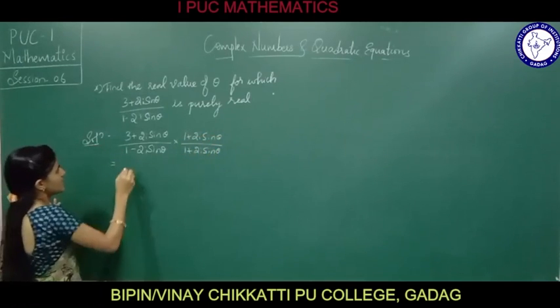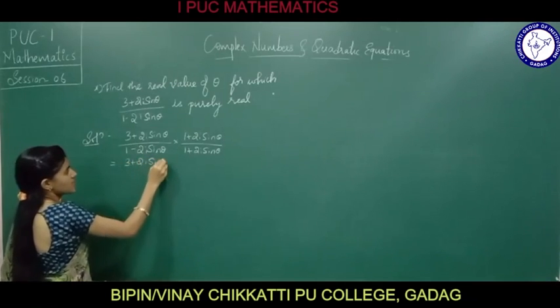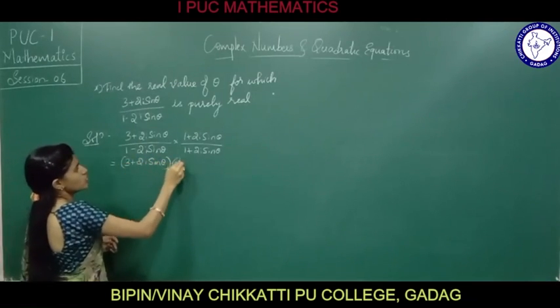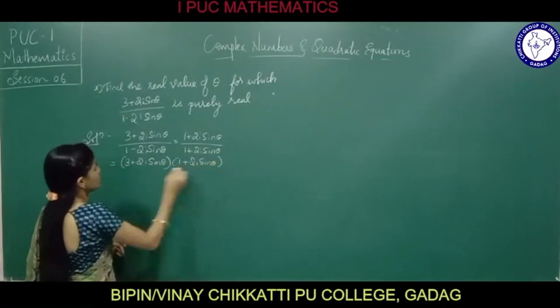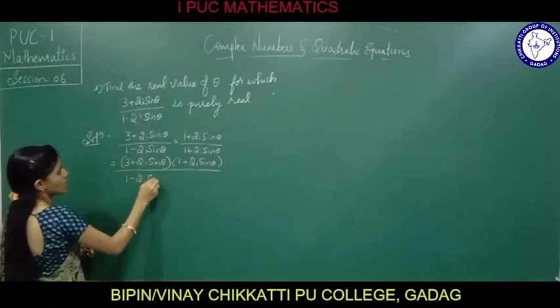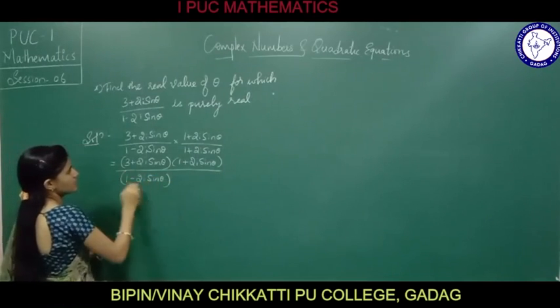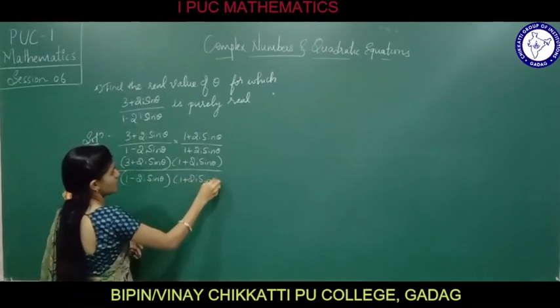I am going to get (3 + 2i sin θ) into (1 + 2i sin θ) whole divided by (1 − 2i sin θ) into (1 + 2i sin θ).